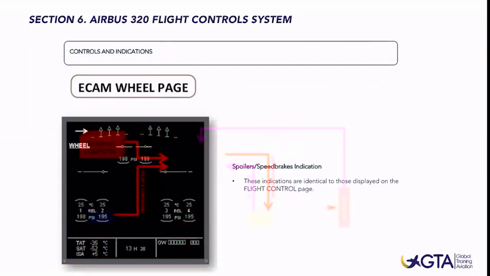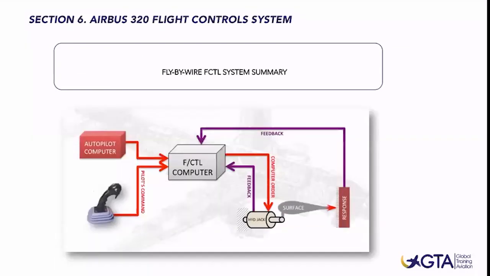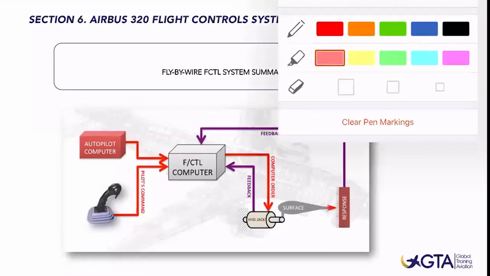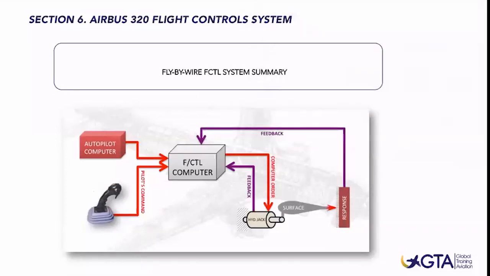And this is last but not least, the last slide. Just to give you a quick summary, a big picture about how the fly-by-wire system works on the A320. So roughly, the key point on the fly-by-wire system is that the pilot will apply side stick input.